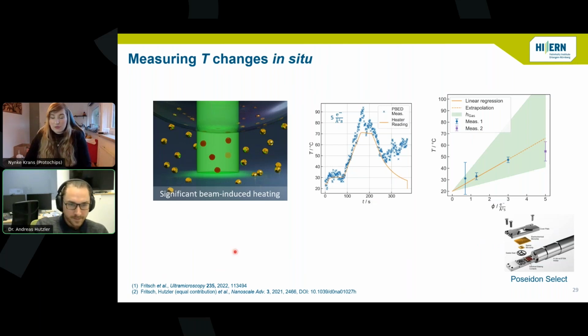But still, we have this Ultramicroscopy paper mentioned here, and there everything is described. There's also a specific evaluation algorithm that fits the residual aberrations from the diffraction rings. And therefore we get very sharp diffraction peaks in the profile.